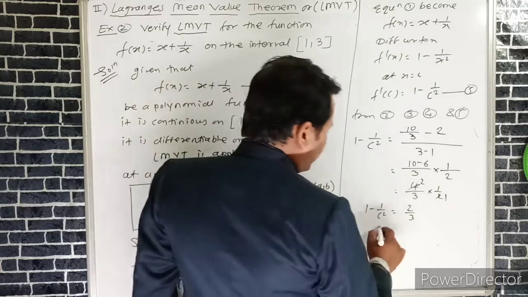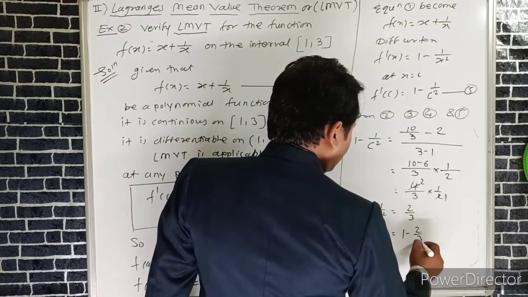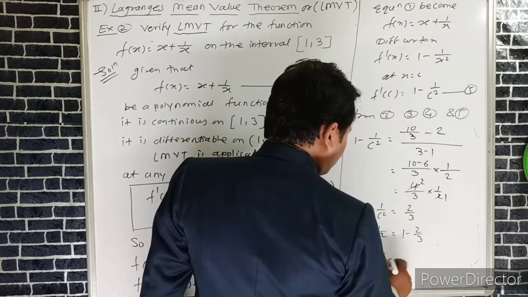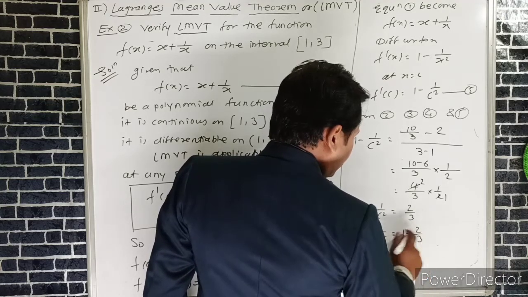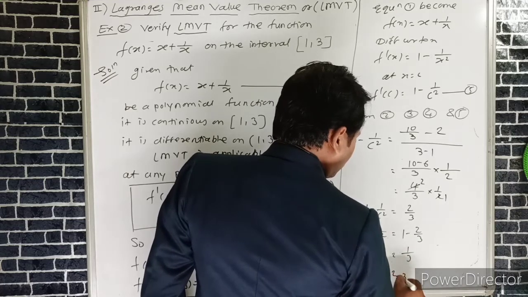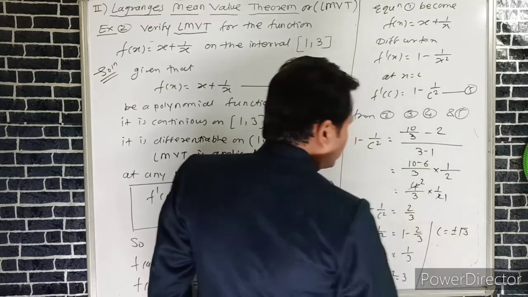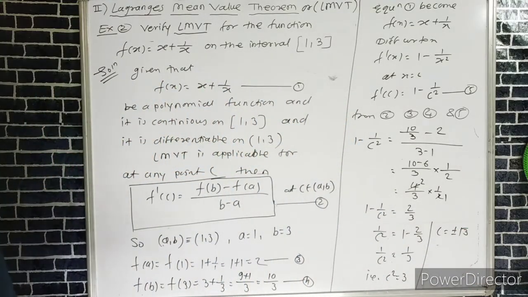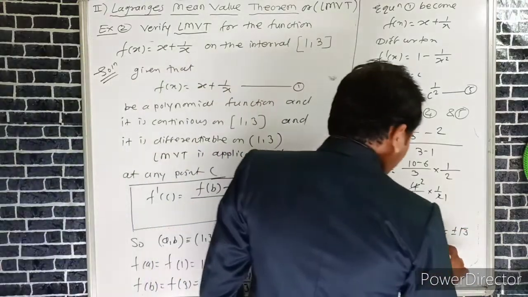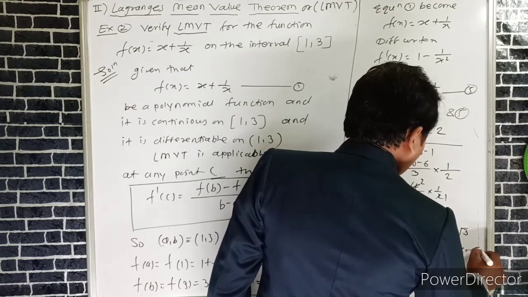If we shift 1 by c square to the right side, we can write 1 minus 2 by 3, which is 3 minus 2 by 3, 1 by 3. That is, we can write c square is equal to 3, and the value of c is plus or minus under root 3.